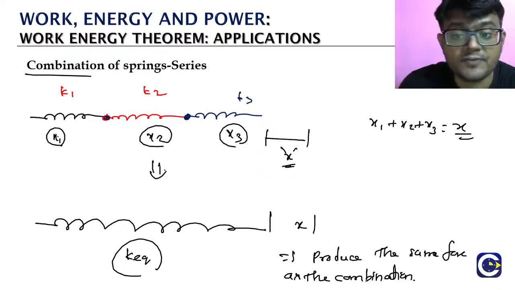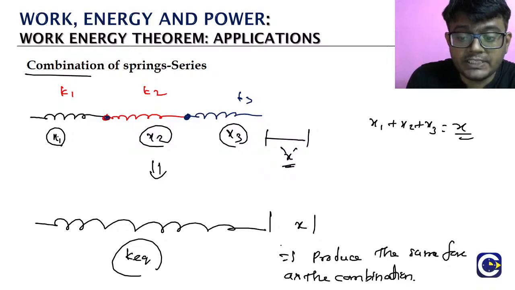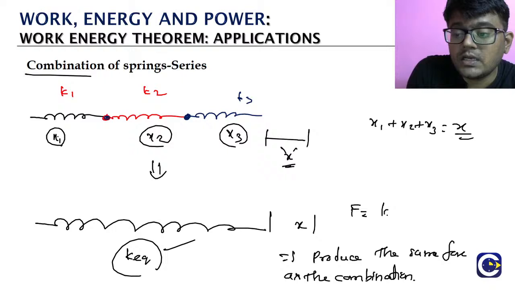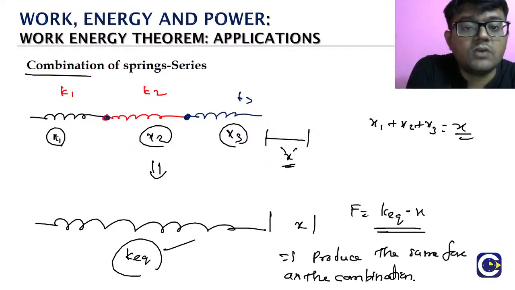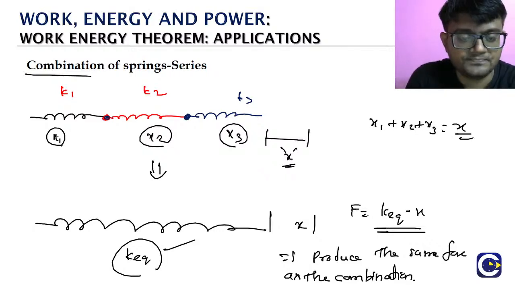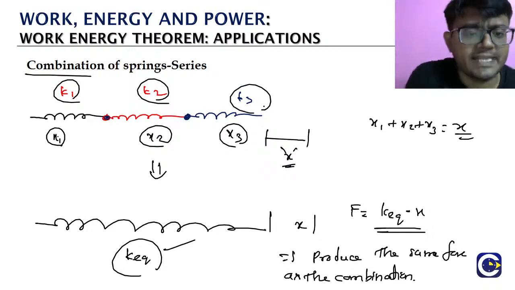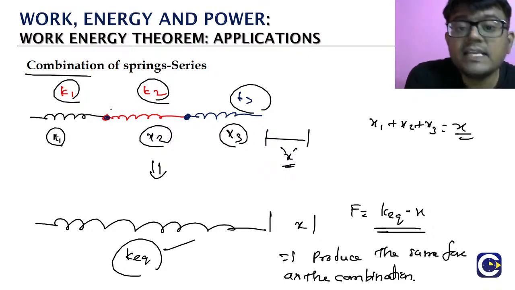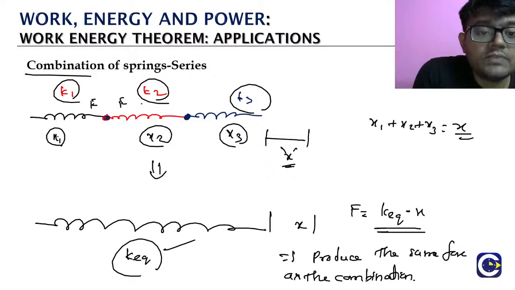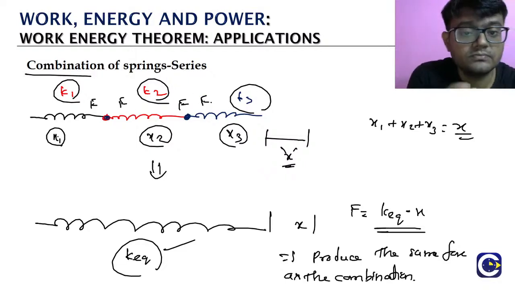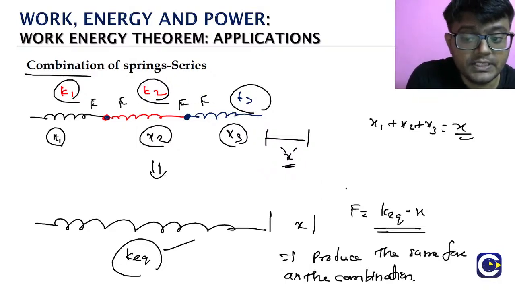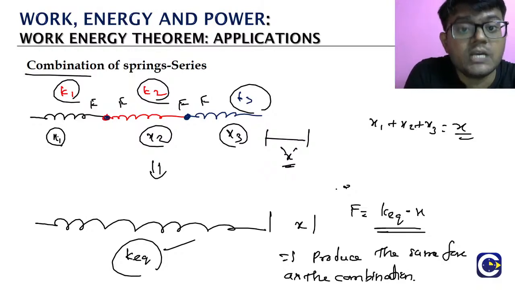The force that the equivalent spring will give is k equivalent into the elongation x, because the elongation of the equivalent spring is x. Since the three springs are in series combination, each of them will have the same force. That will be the force in our equivalent spring also.